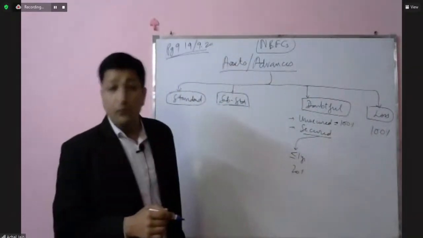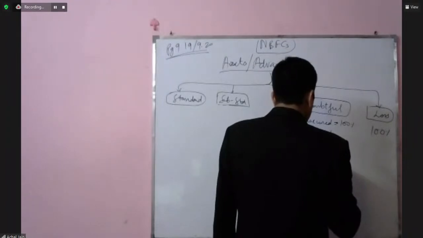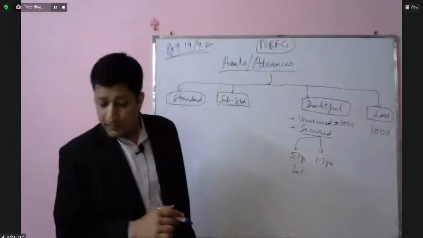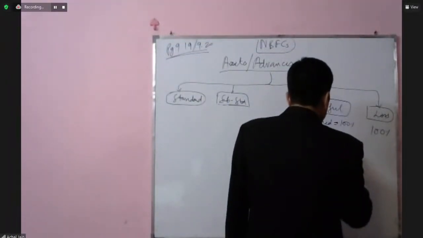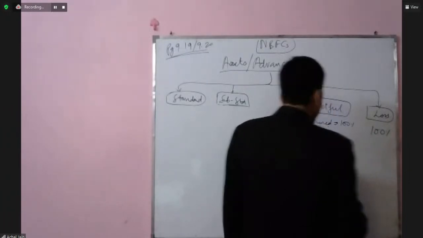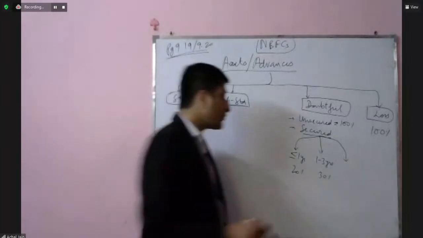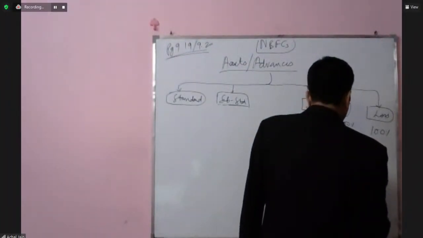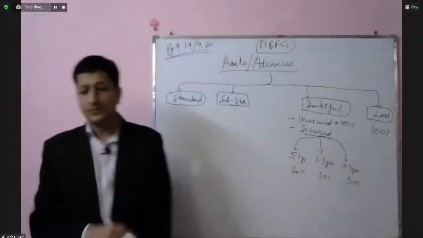If it is 1 to 3 years, then the provision will be 30%. If it is greater than 3 years, then the provision will be 50%. Okay.